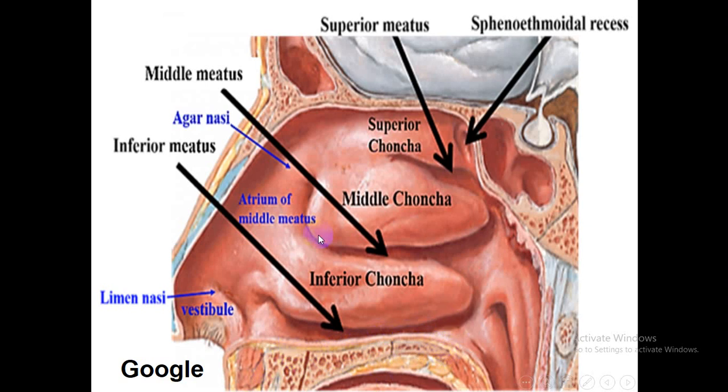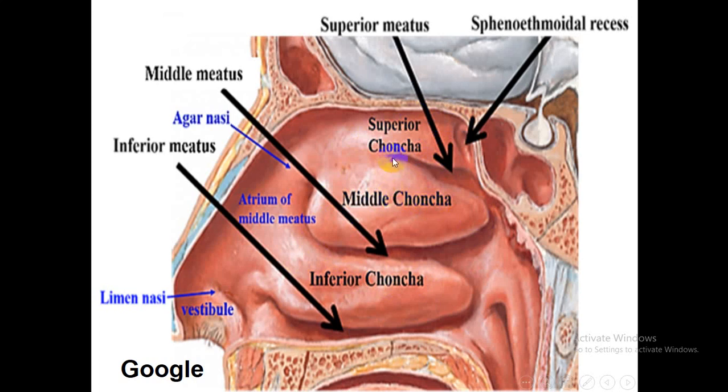Now the lateral wall, the most important is the lateral wall. In the lateral wall there are three projections: superior, middle and inferior, called conchae or turbinates.